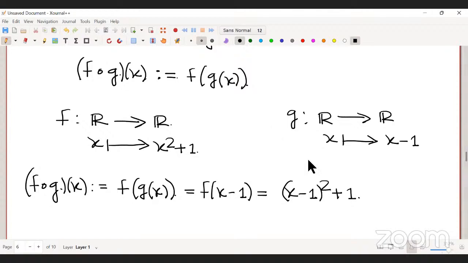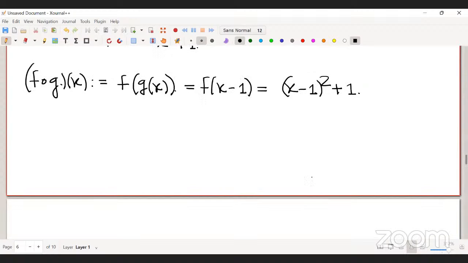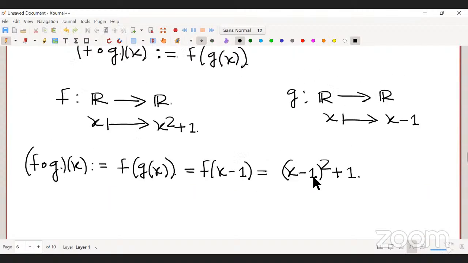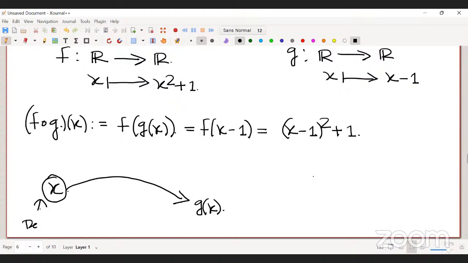One of the most crucial things about composition of functions is calculating the domain of the composition function. For example, let's see how this composition behaves. You have x, and this x goes to g of x. That means this x should be an element in the domain of g.